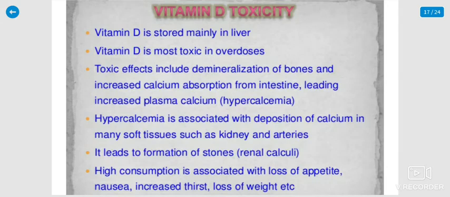Vitamin D toxicity. Vitamin D is stored mainly in the liver, and is most toxic in overdoses. Toxic effects include deterioration of bones and increased calcium absorption from the intestine, leading to increased plasma calcium.